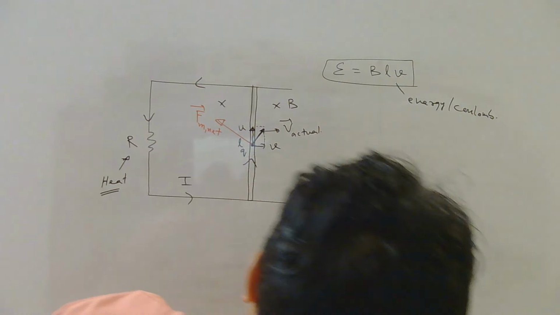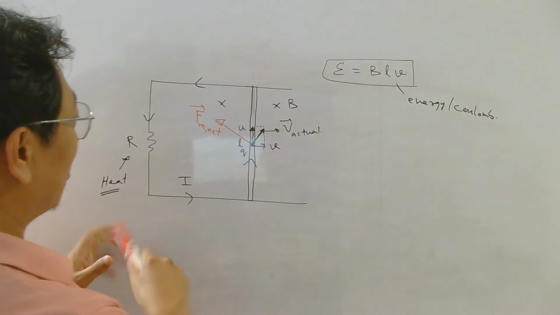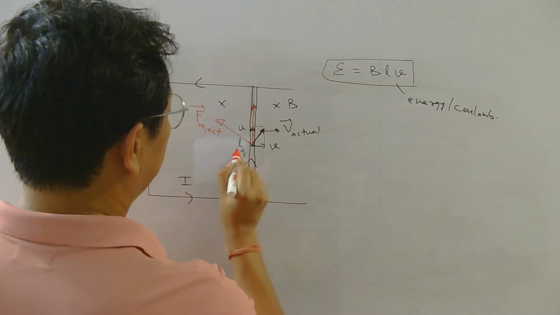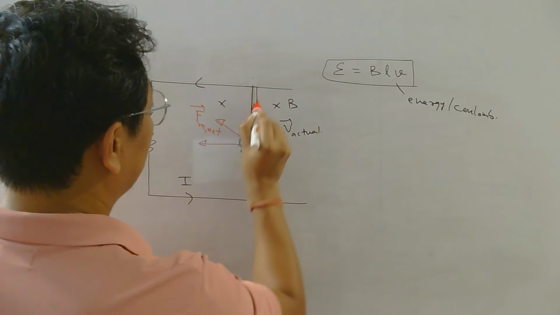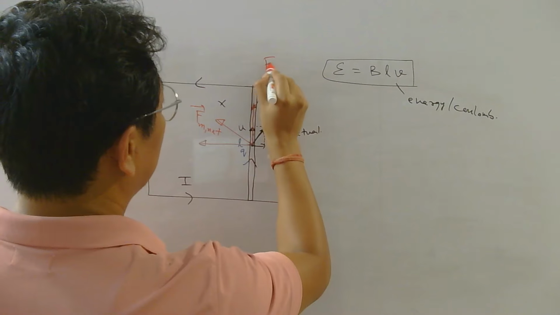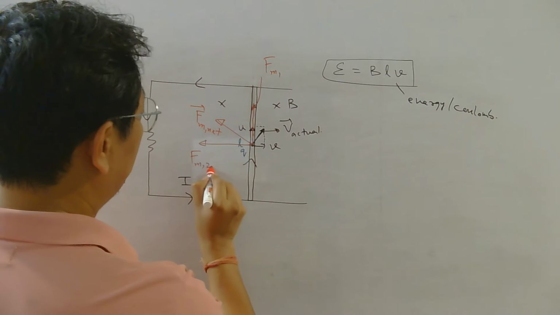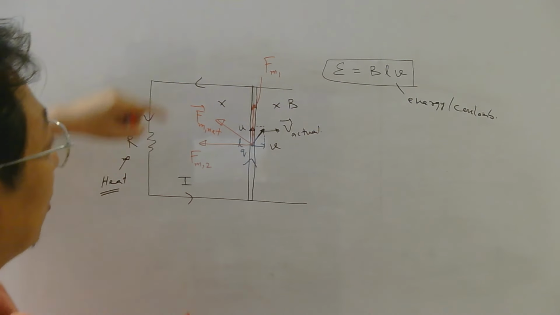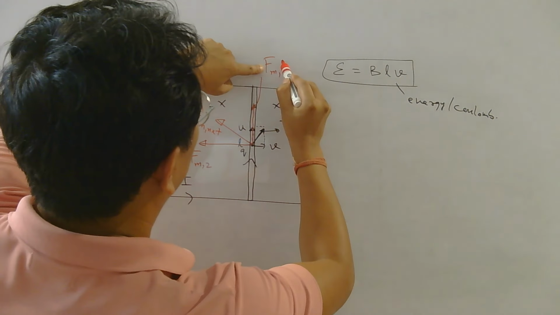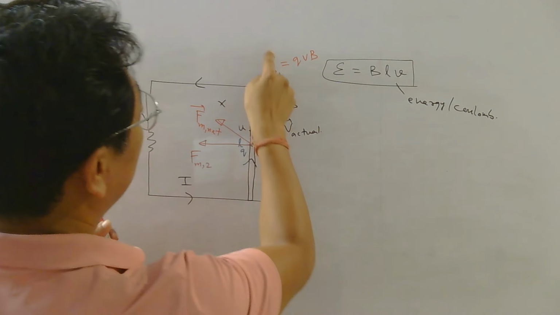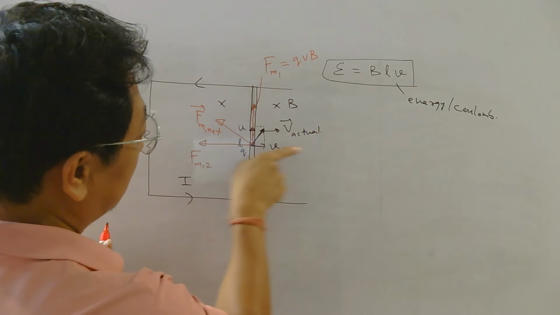However, if you take the components of this magnetic force, okay, this component is, let's say, Fm1 and this component is Fm2. Then what will be the value for this? Well, that will be QVB, because this magnetic force is because of this V, right?